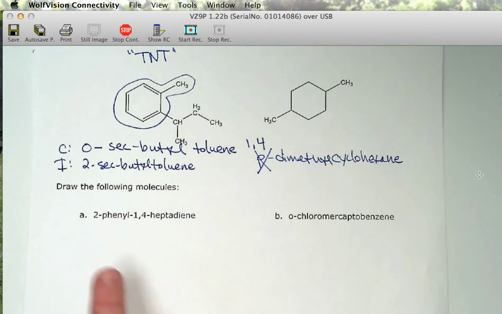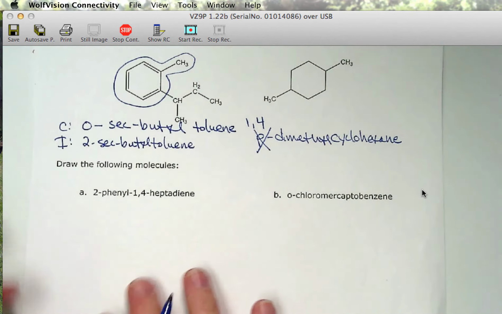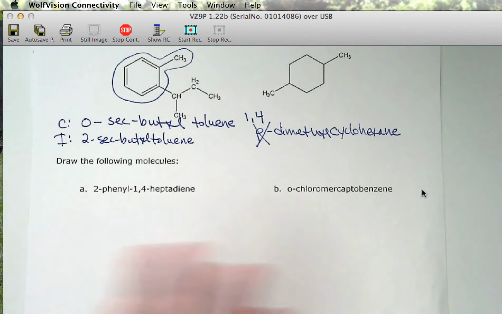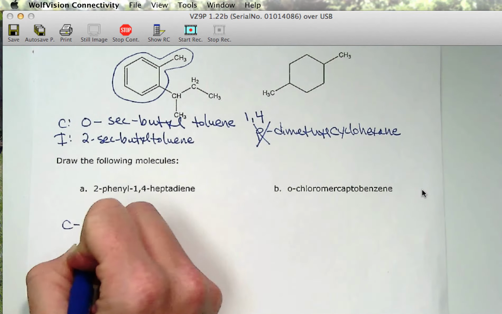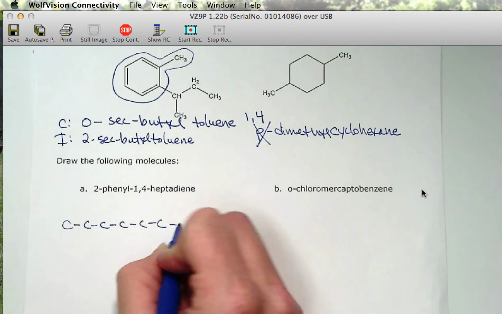All right, so I want you to draw these two structures now. 2-phenyl-1-heptadiene, and on these I didn't ask you to do condensed, so you can do skeletal, 2, 4, 7.